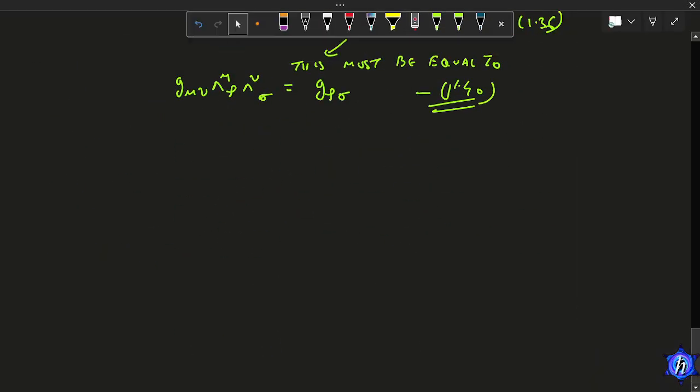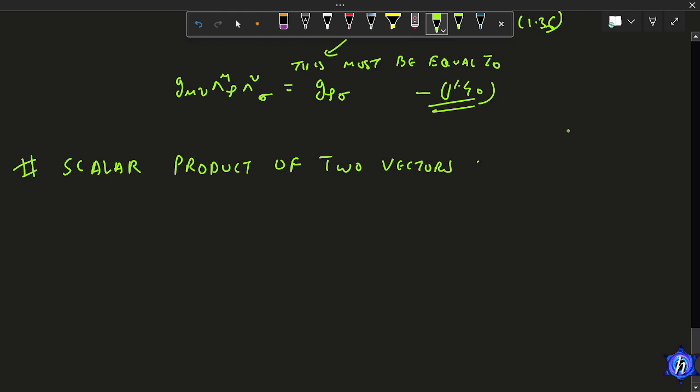I particularly want to emphasize a very important topic, which is the scalar product of two vectors and scalar functions. So, what is a scalar quantity?